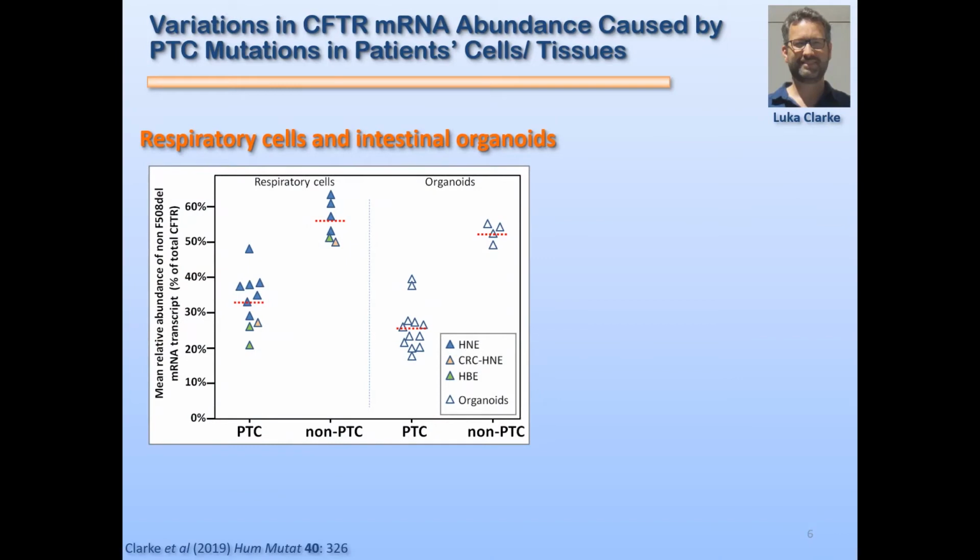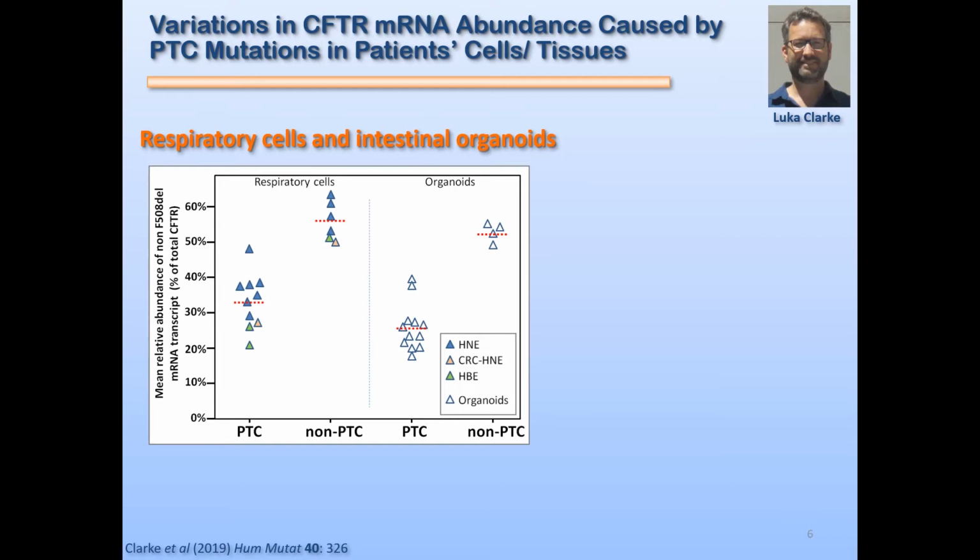So this slide illustrates the reduction in the levels of messenger RNAs with PTC mutations versus mRNAs, also CFTR, but without PTC mutations. On the left of the graph, we're showing the differences observed between PTC and non-PTC in primary respiratory cells, both nasal and bronchial.